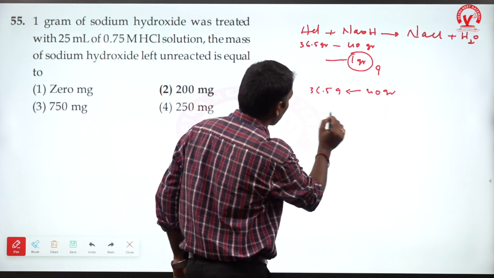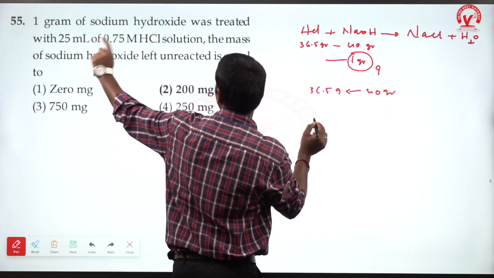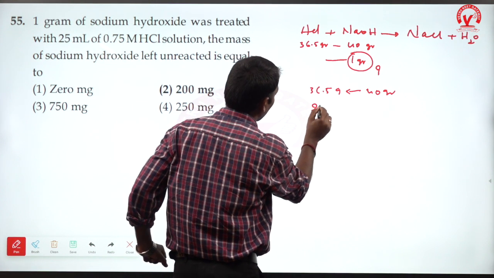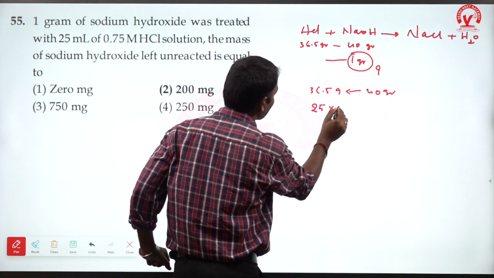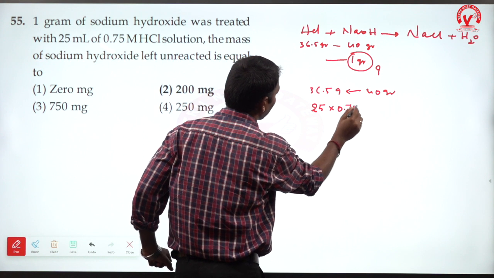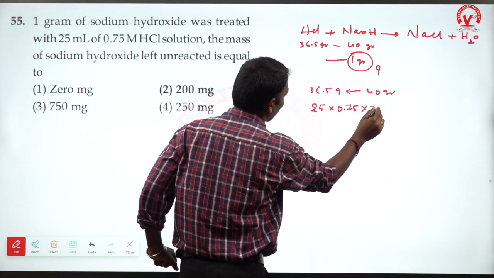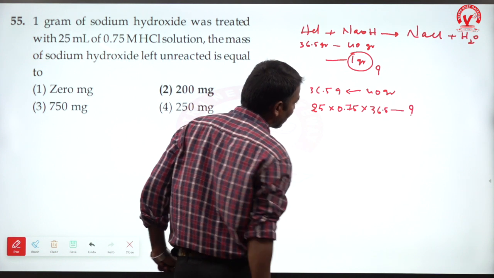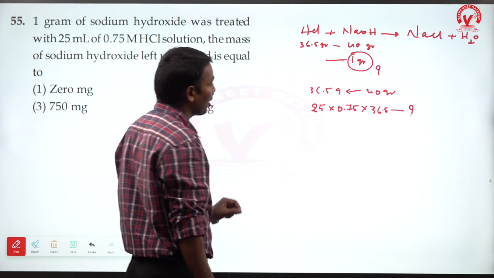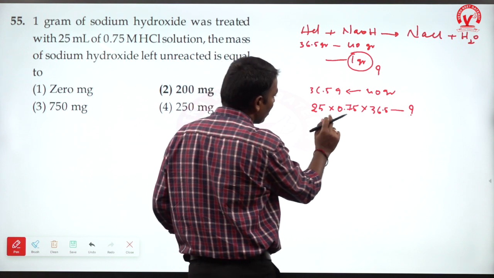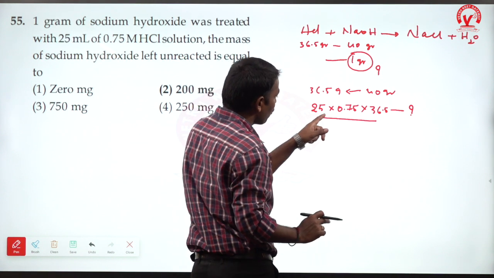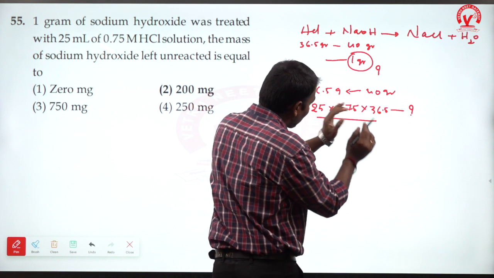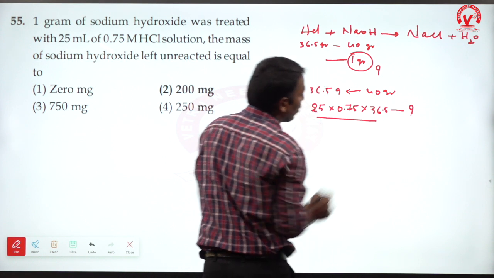Now according to the given data, 25 ml of 0.75 M HCl, that is 0.75 into 36.5 grams, requires how much NaOH?